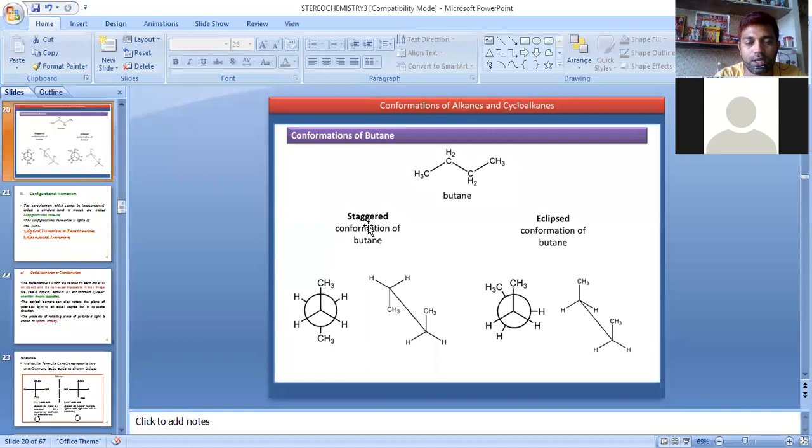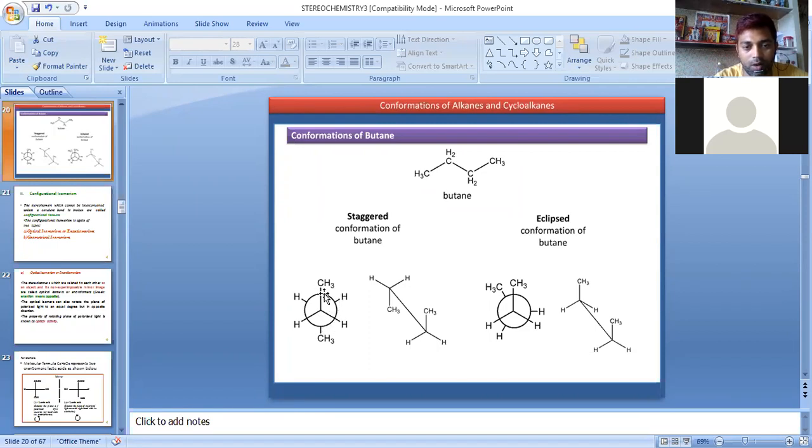See this, conformations of butane: this staggered conformation in Newman projection and Sawhorse projection. See these two methyl groups, back carbon methyl group and front carbon methyl group. They are anti to each other, or we can say they are 180 degree apart.